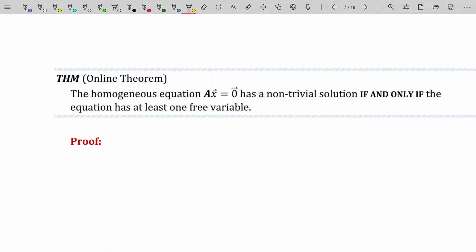Now, I've had a conversation in a previous video about this, but I'm just going to state it really quickly here. You have two main statements. The homogeneous equation Ax equals 0 has a non-trivial solution, and the equation has at least one free variable. Those are our two statements.